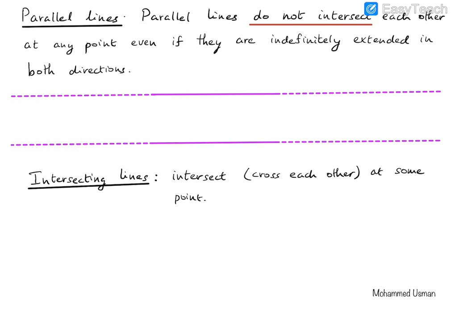So for example, if I draw a line between these two lines like this, which is at 90 degrees with both the parallel lines, then the length at this point will be the same as the length at any other point between these two parallel lines. So no matter where we put this perpendicular line, the length of each of these perpendicular lines will be the same. And that length is equal to the distance between the two lines.